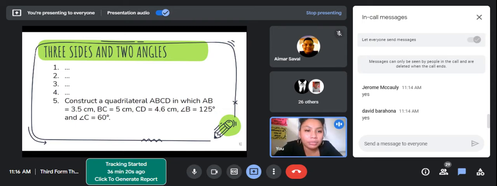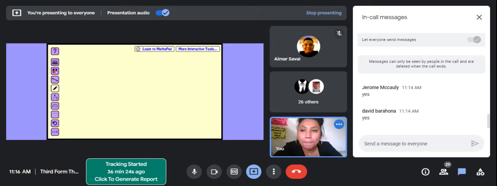Okay, so let me go to sharing this one instead. The first thing that you're going to do is draw line AB. So let's go ahead and draw line AB.